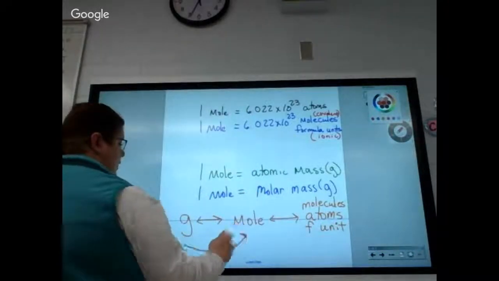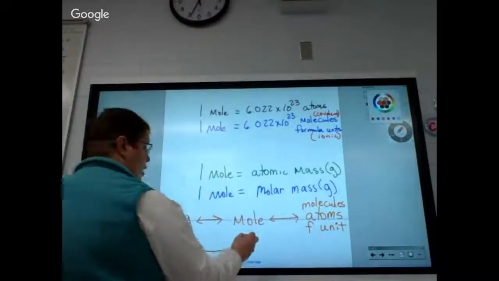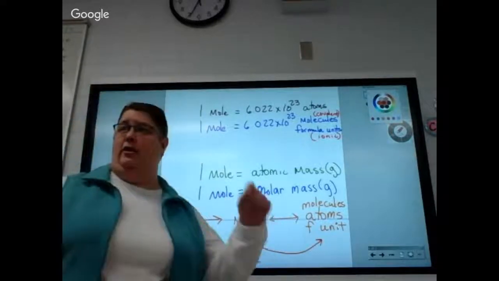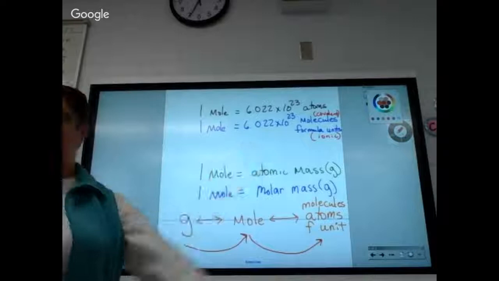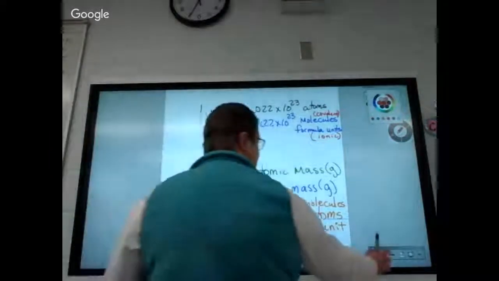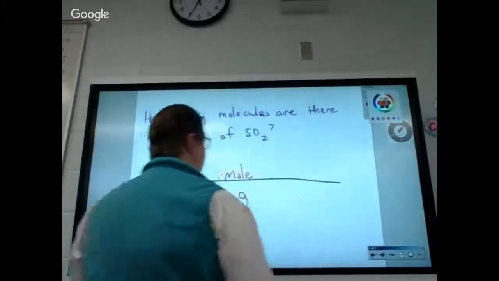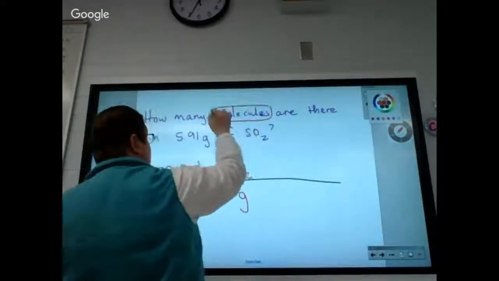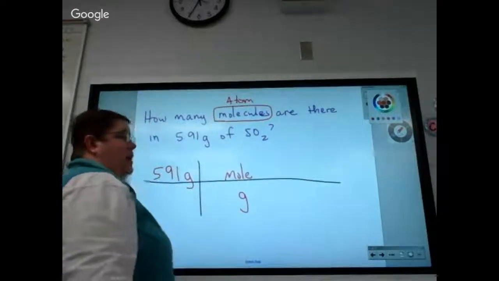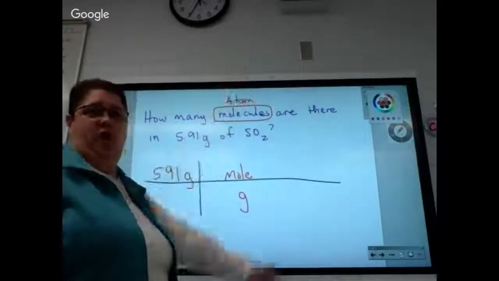Grams goes to a what? Moles. Moles goes to what? Atoms. Now, atoms, molecules, and formula units are the same. They're in the same position on this flow chart. The question asked us for a what? Molecule. Molecule is the same as an atom in terms of where we are in the chart.